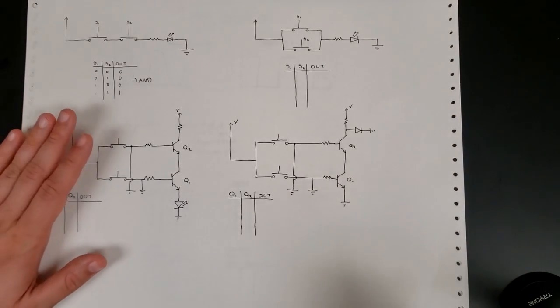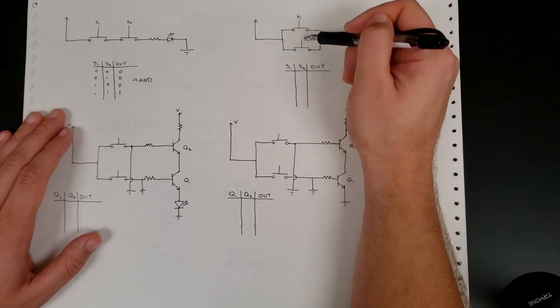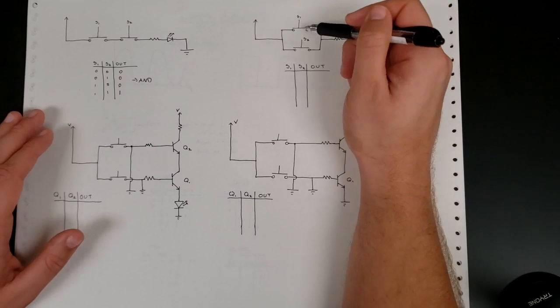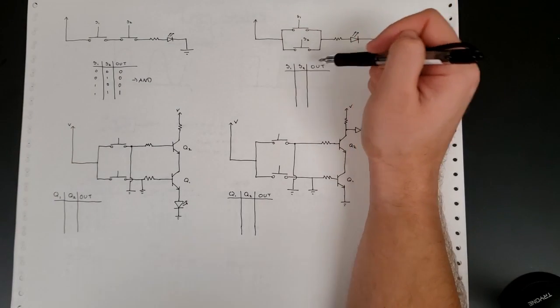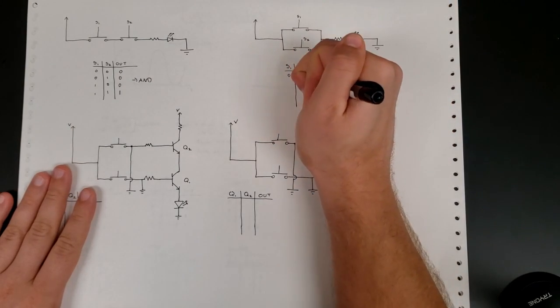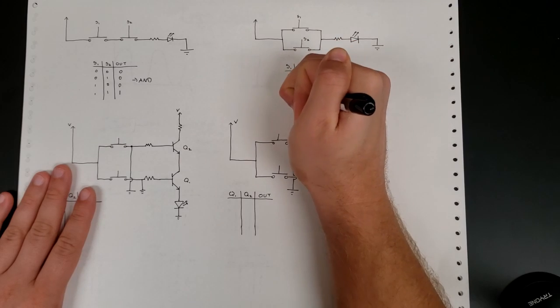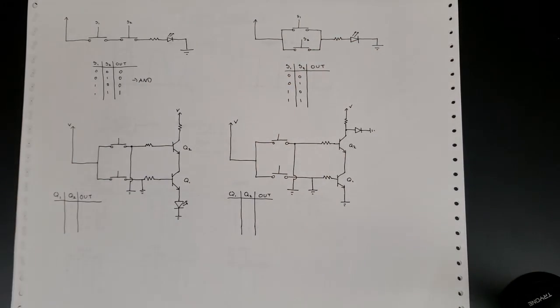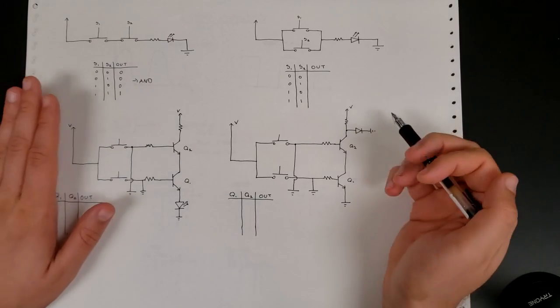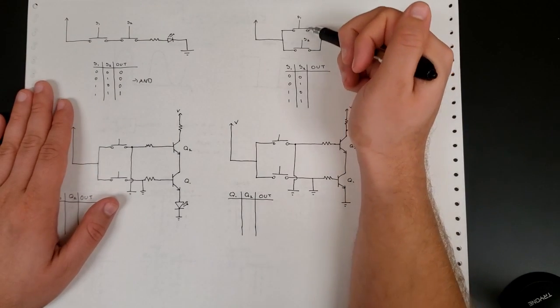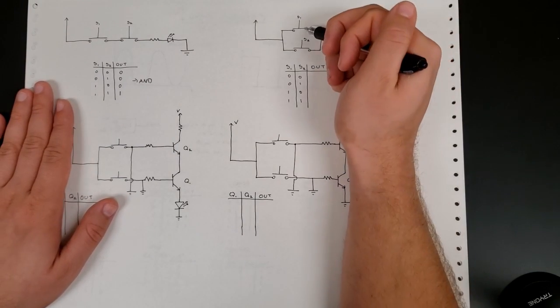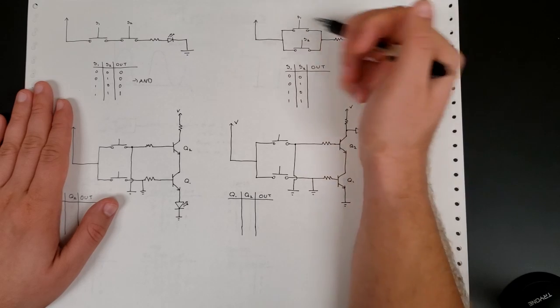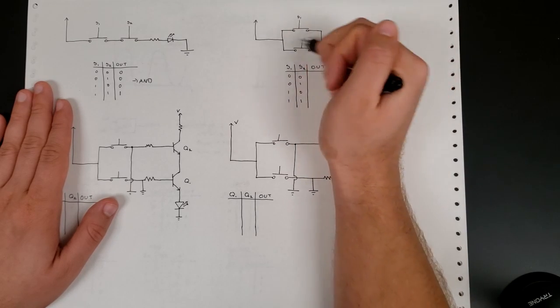The next one over here is we put these two switches in parallel, and we'll see how putting these in parallel will now change our truth table. So our options for our inputs are still the same, because it can either be open or closed, just one or the other. Now, if both of these switches are open, we still have no output because the circuit is broken at this point and at this point, so no current can flow through this part of the circuit.